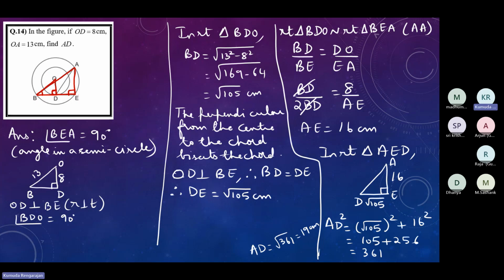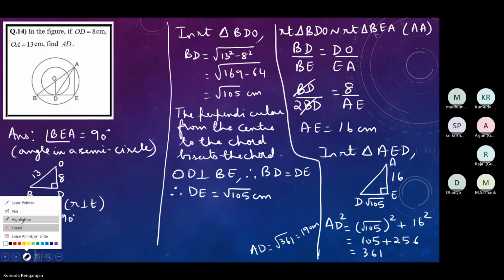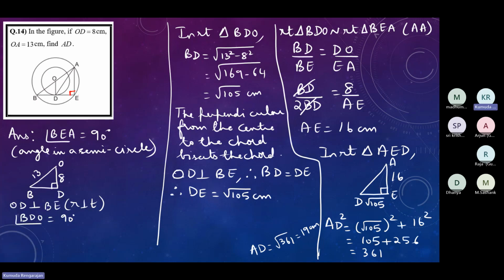So like this, we find AE and then we find AD using Pythagoras theorem. This is 90 degrees because this is the diameter. Angle in a semicircle is a right angle.